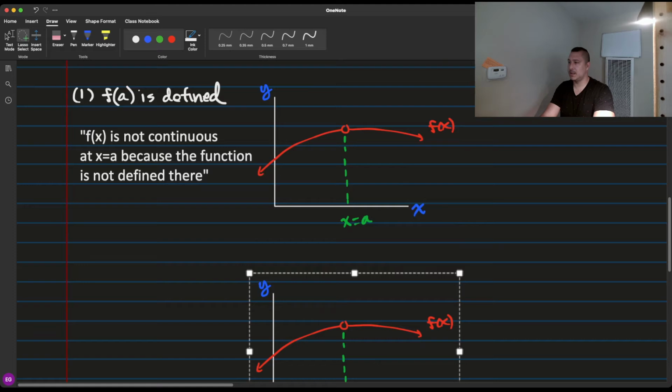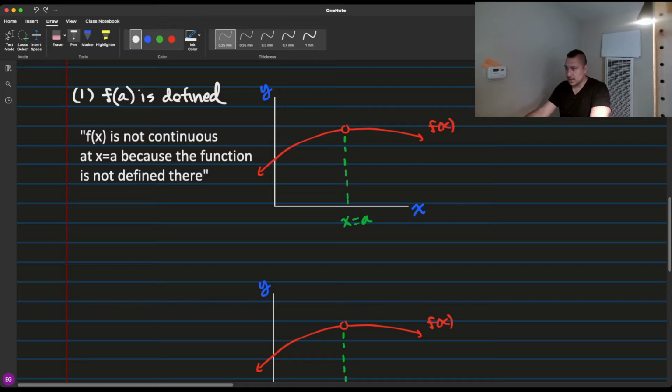So what's the second criteria? The second criteria is that the limit as x approaches a of f of x must exist.